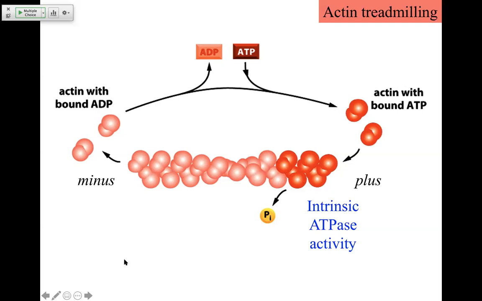We're going to look at an example next of an actin microfilament that has a stable length and that also interacts with a specific type of motor protein that will result in movement of a cell.